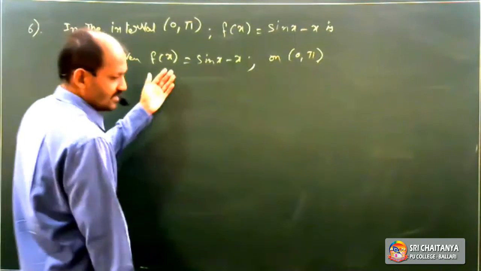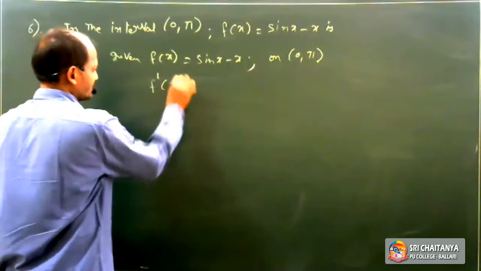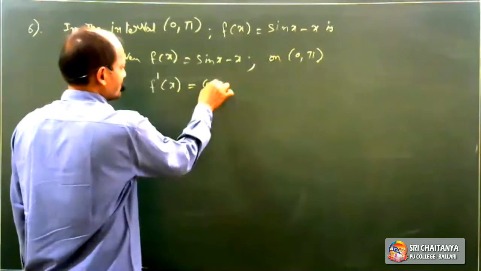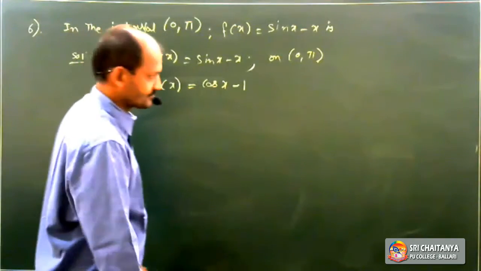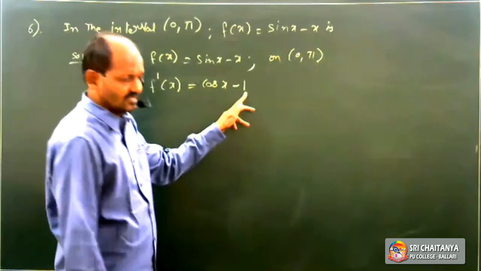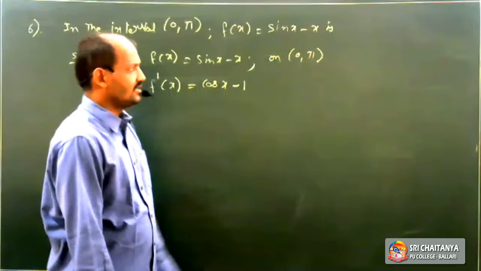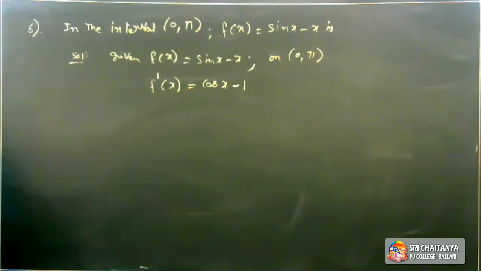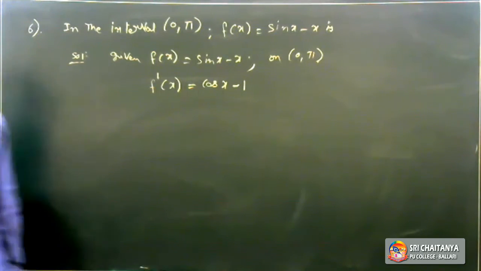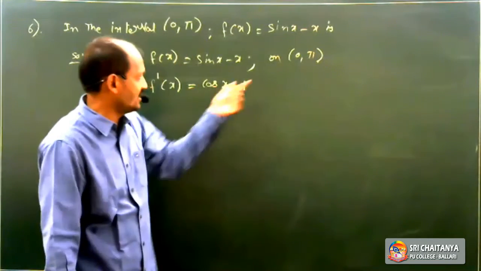Increasing and decreasing depends on the first derivative. f dash of x: the derivative of sin is cos, the derivative of x is 1. So cos x minus 1 in 0 to pi. In the first quadrant cos is positive, in the second quadrant cos is negative. In the first quadrant, the positive value is at most 1: cos 0 is 1, cos 90 is 0.